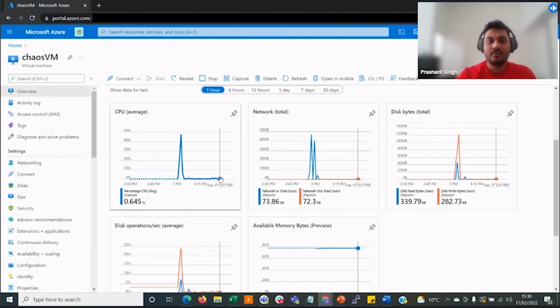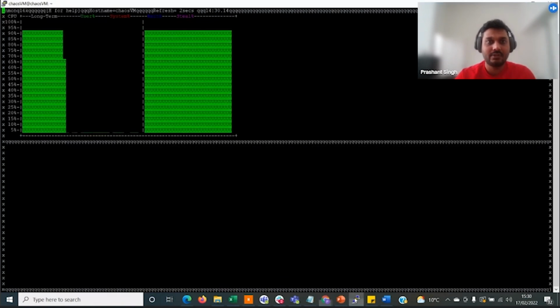So that is a finding for me that my hypothesis was wrong, because I have data telling me so: there was indeed 90% CPU utilization, and my nmon tool is telling me that.